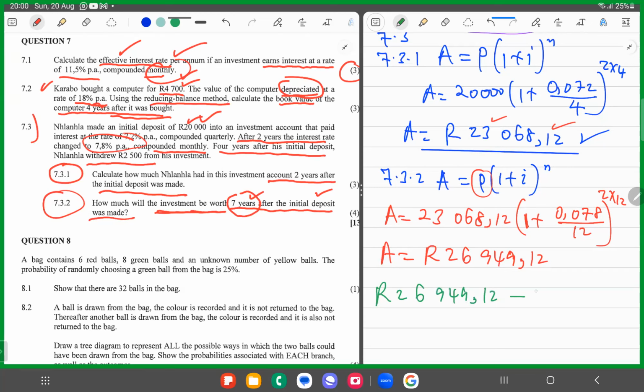You're going to subtract the withdrawal of 2,500. So there is a withdrawal of 2,500.